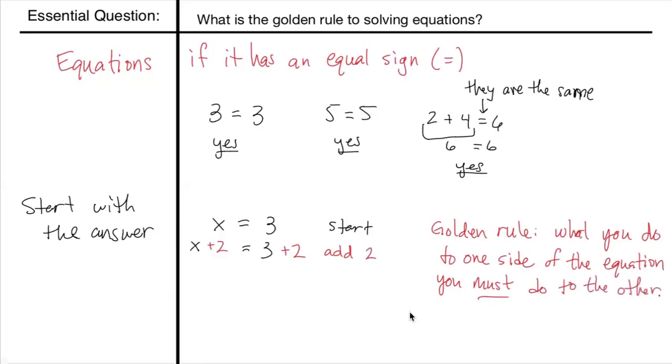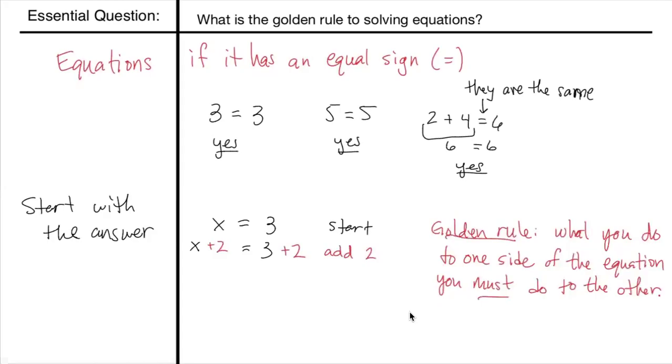Go and write that down. The golden rule: what you do to one side of the equation, you must do to the other. So if we added 2 to one side, we must add 2 to the other side.